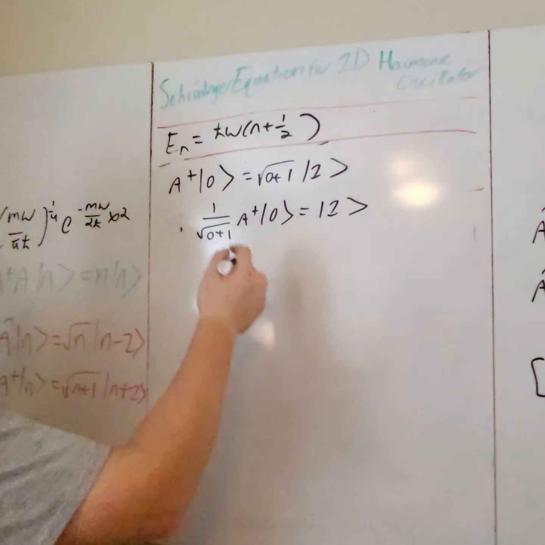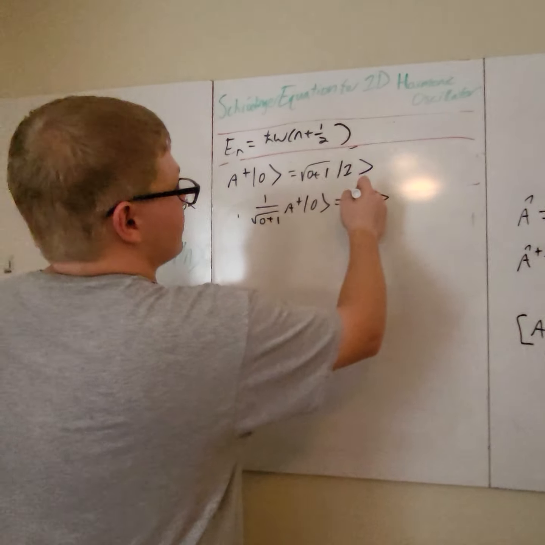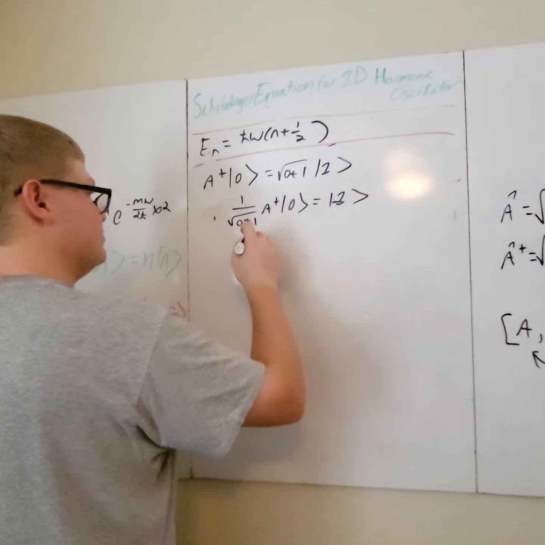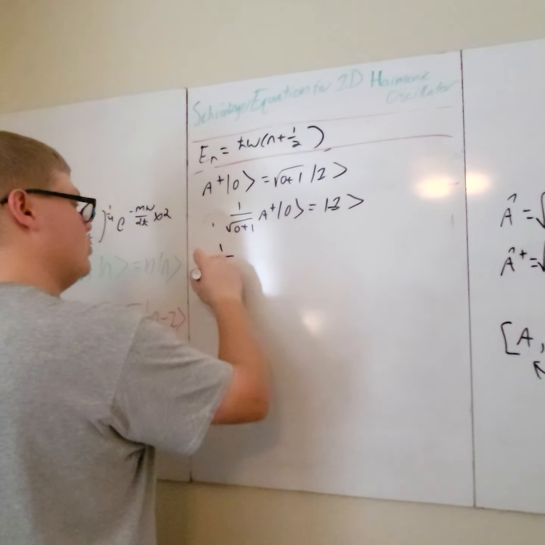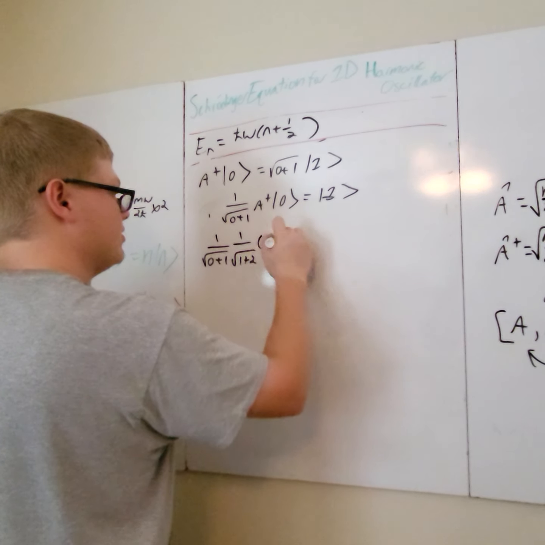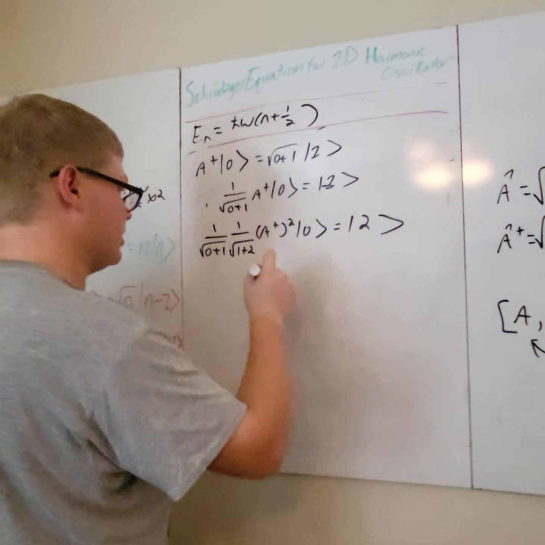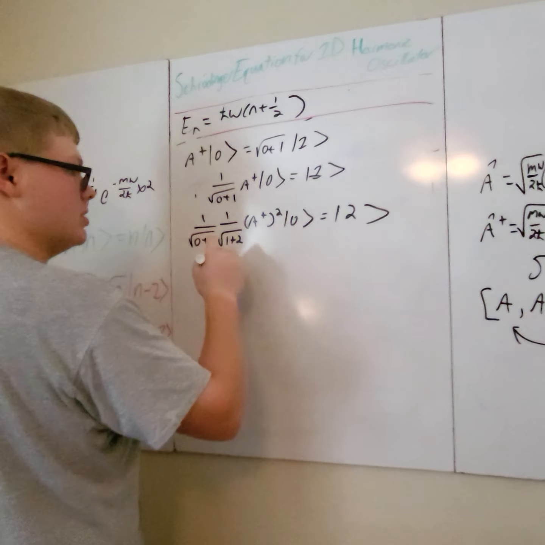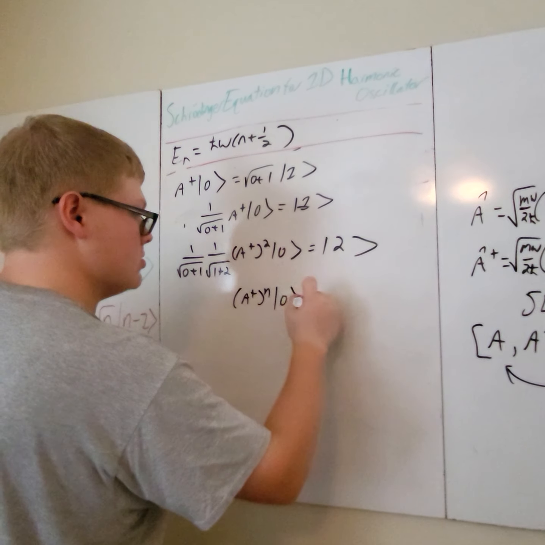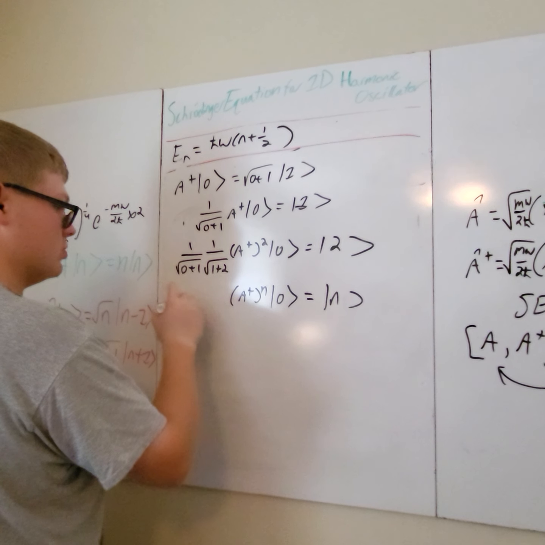You can generate the states by repeatedly applying that operator. Then A plus squared on 0 equals 2. You just keep applying it over and over again.